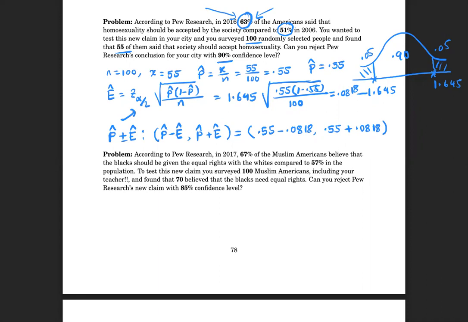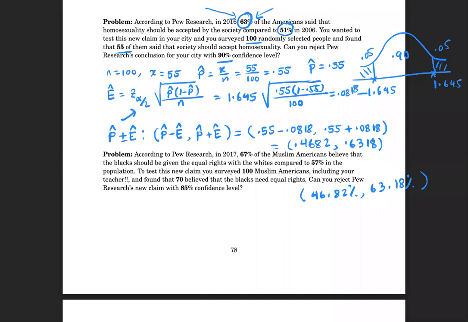Okay, so 0.55 minus 0.0818 is going to be 0.4682, comma, 0.55 plus 0.0818 is 0.6318, which is between what, 46.82% and 63.18%.